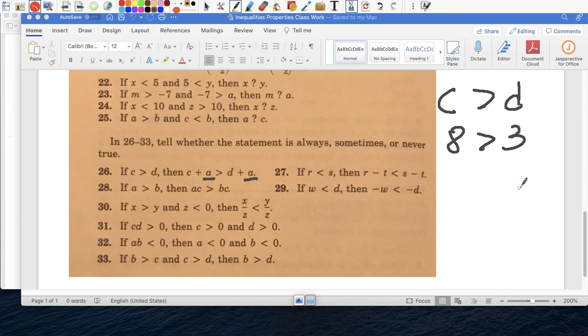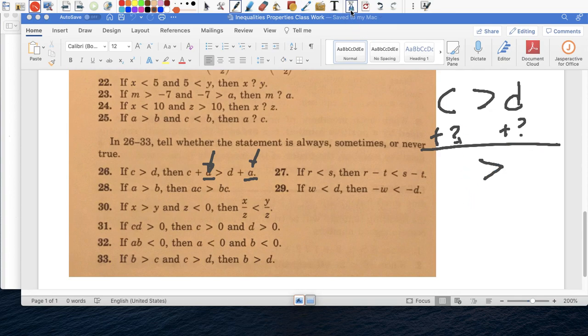Remember when we talked about the properties? If you have an inequality and whatever you add, as long as it's the same to both sides, will the order of inequality stay the same? Yes, it will stay the same. So it doesn't matter what this A is. Whatever you add to both sides, it's not going to change.